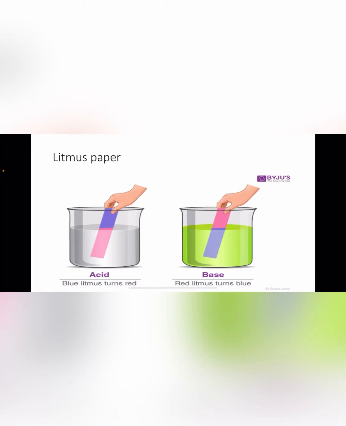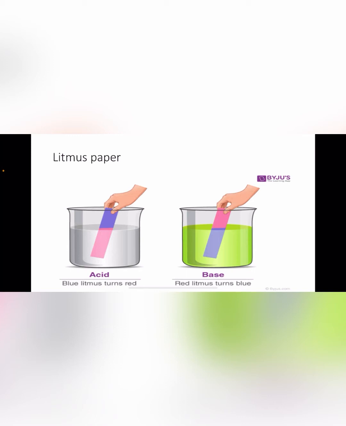There are two types of litmus paper available that can be used to identify acids and bases. We have the red litmus paper and the blue litmus paper.